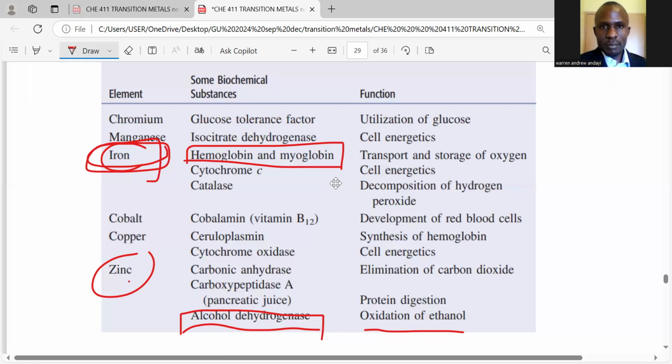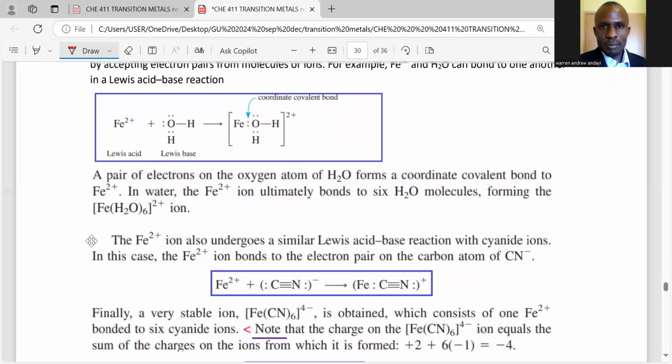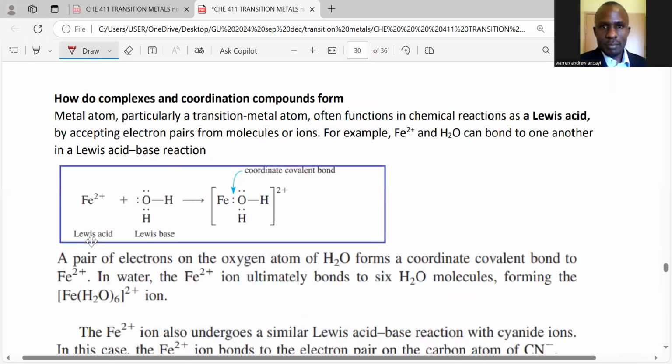Glucose tolerance factor, it helps to utilize glucose and so on. So the rest is for you to read. I can't go through the whole list, okay? You can always read it through by yourself. I've just gone for the common ones that we can easily associate or appreciate.